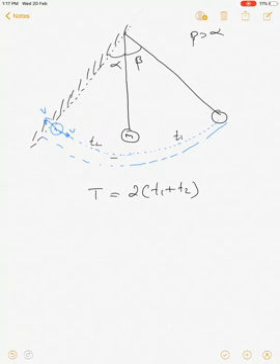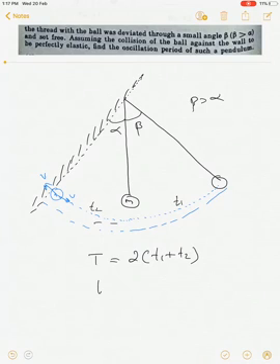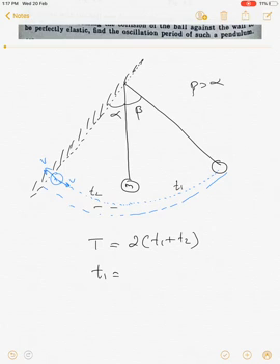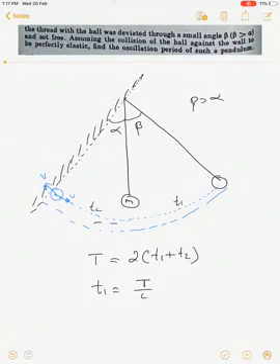We can find the value of t1. t1 is the time taken by the particle to move from the extreme position to the mean position, that is T by 4, if T is the total time period of oscillation.